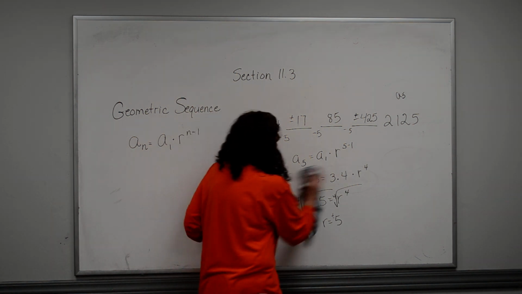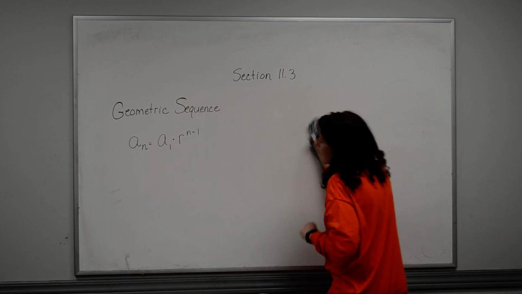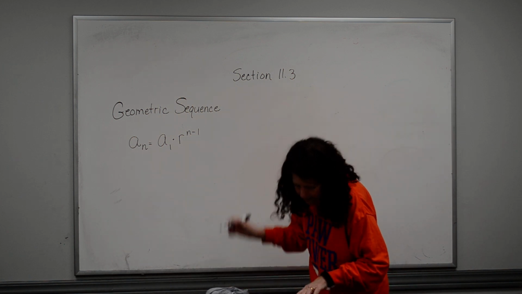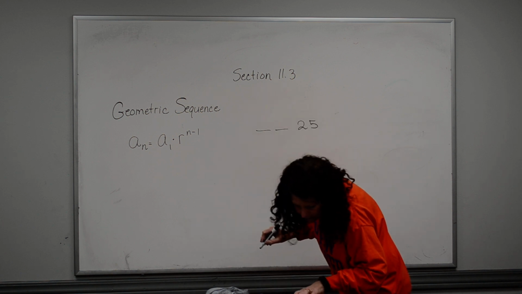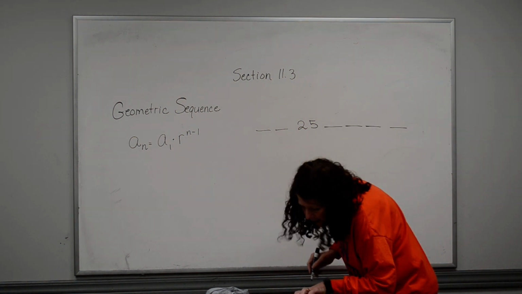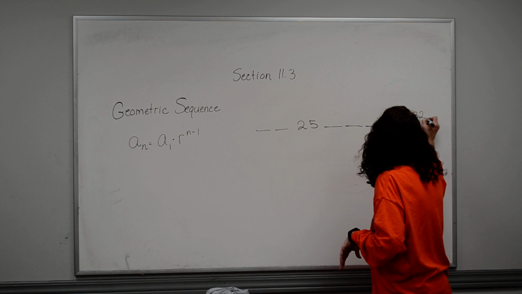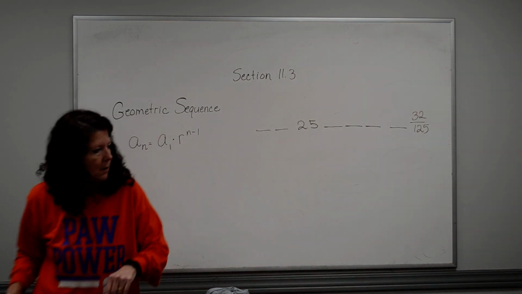Let's do another one of those, and then we'll finish this up. Let's say I've got 2 blanks, and I've got a 25, and I've got 4 more blanks, and I've got a 32 over 125. Okay, let me check the camera.